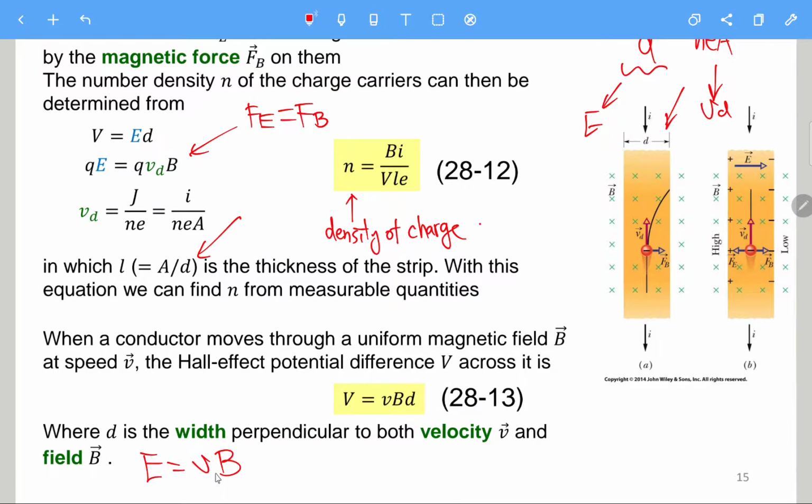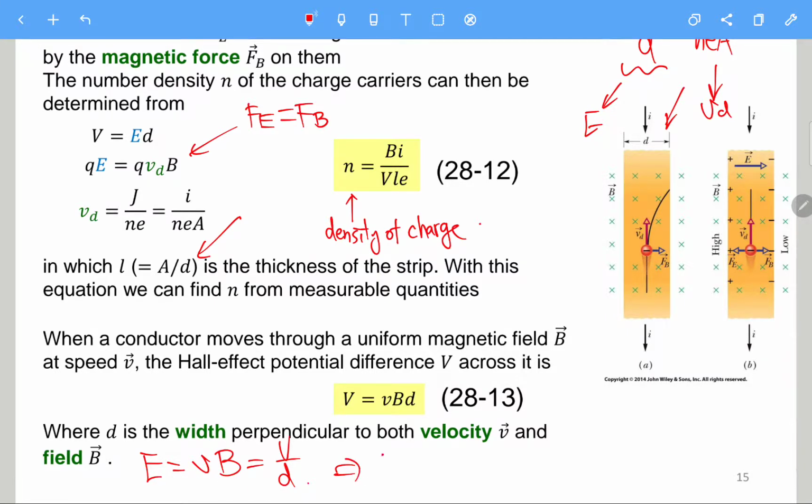Actually, V is VD, but here I only write V, and E equals V over D. From this equation, we have V over D equals VB. So we just move D to the left side.